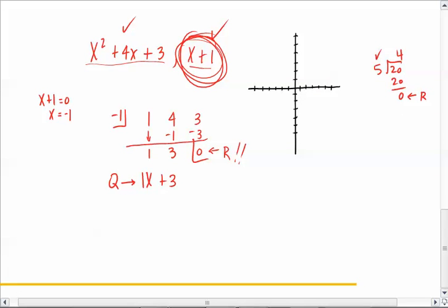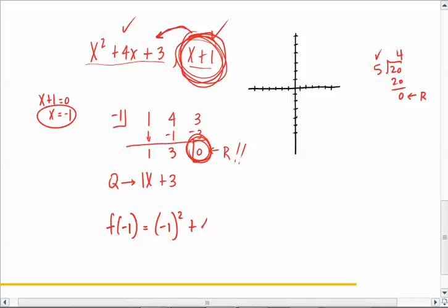There's something called the Factor Theorem, and the Factor Theorem says that if this divides into this, then the remainder is the very same thing as us taking the x value, setting that equal to 0, and dropping in the -1 into the function.